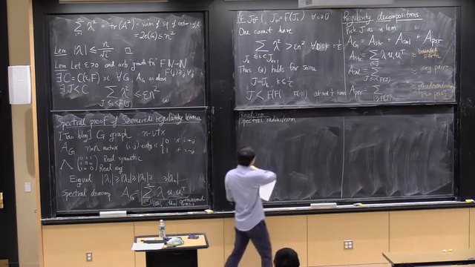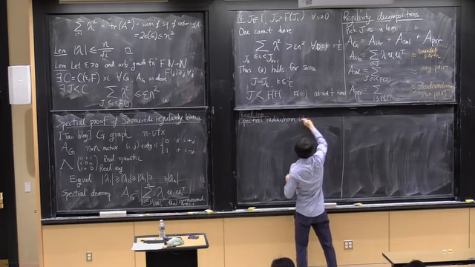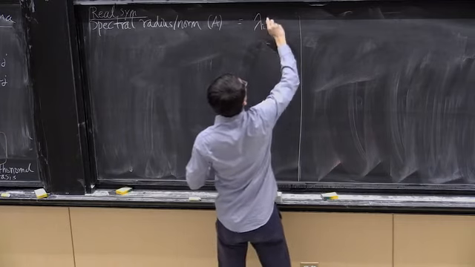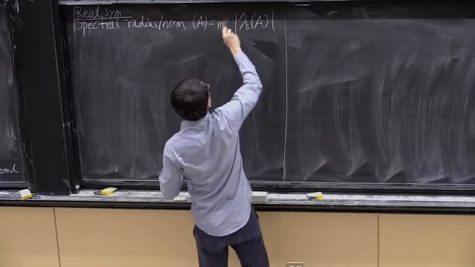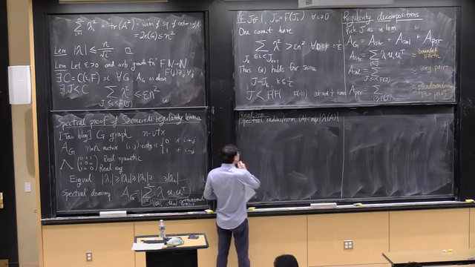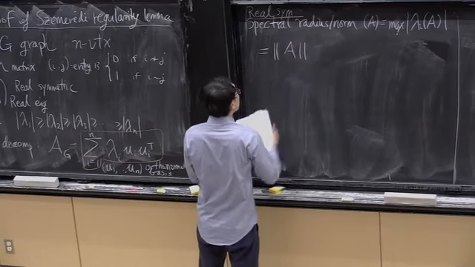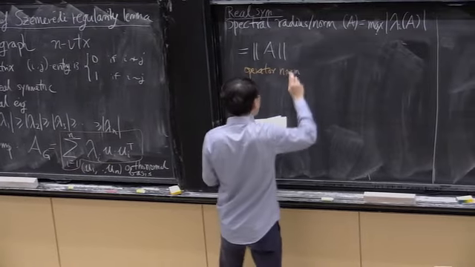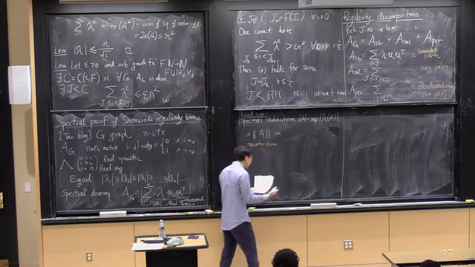So the spectral radius, spectral norm, of A is the largest eigenvalue of A in absolute value. And this quantity turns out to be equal to the operator norm, which is the norm of A as a linear operator.